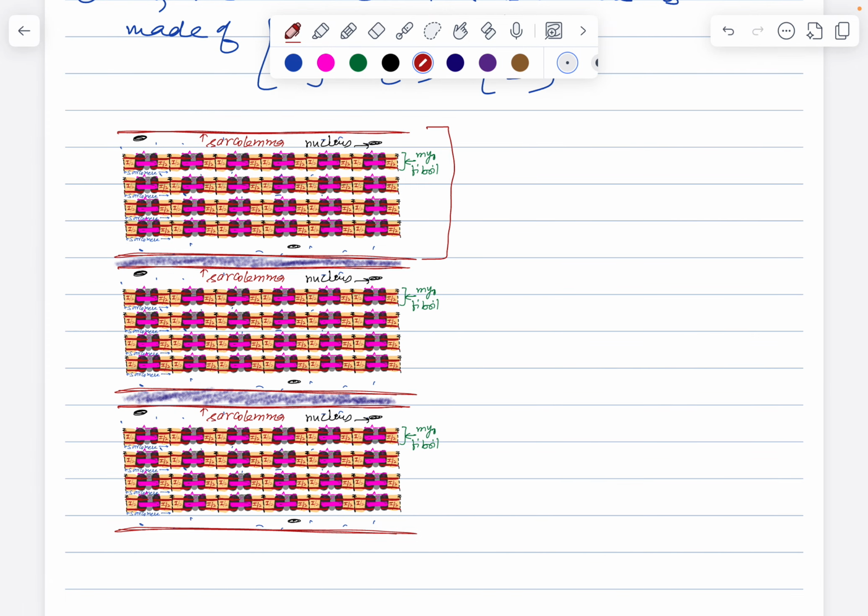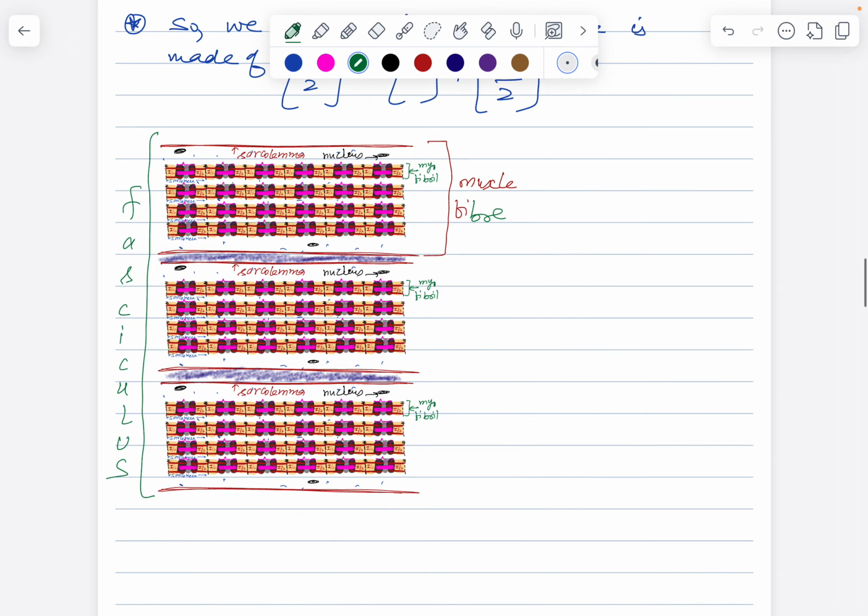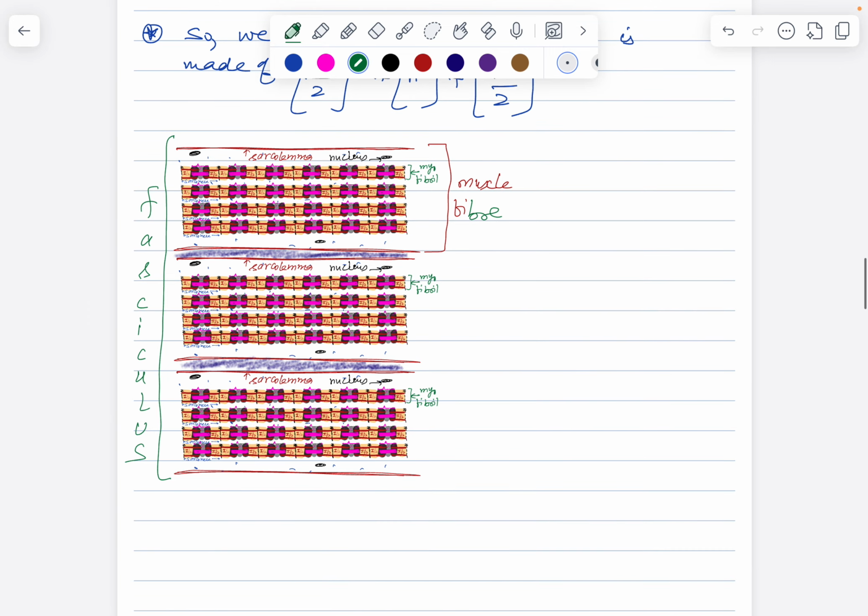So this here is your muscle fiber. And if this is one muscle fiber, this entire thing is a fasciculus. Okay.